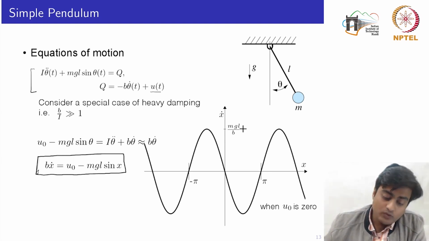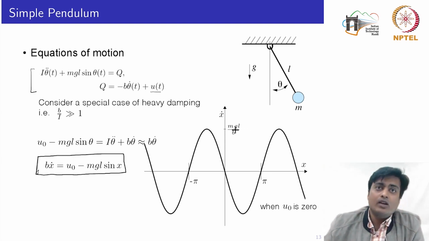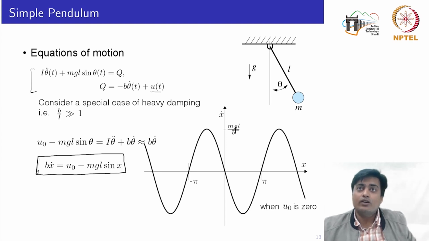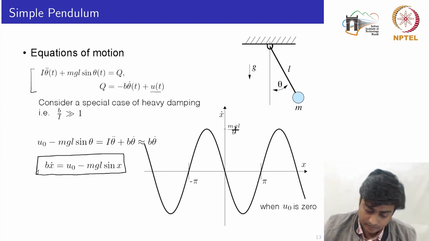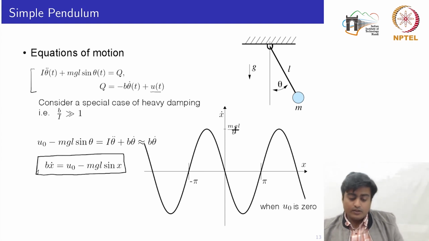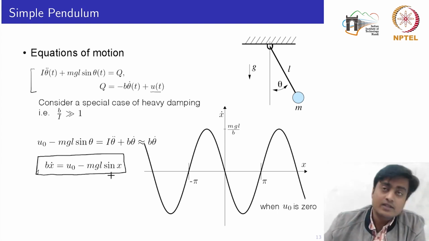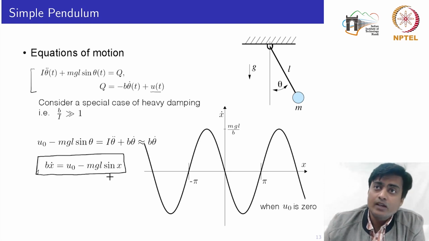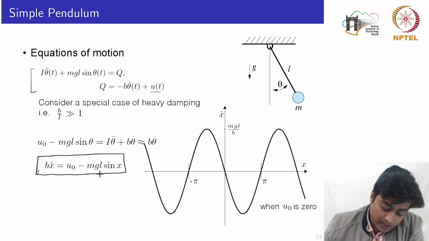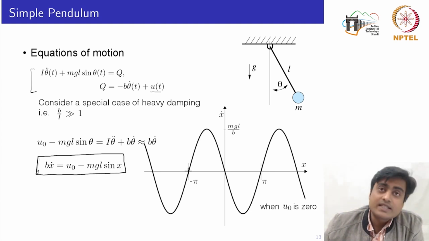Okay, now if we want to determine the stability of this system, how can we do this analysis? It is pretty straightforward to see that this system is a nonlinear system because of this sinusoidal function. So we determine the stability around the steady state values.